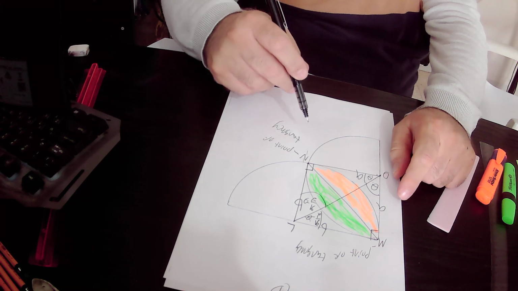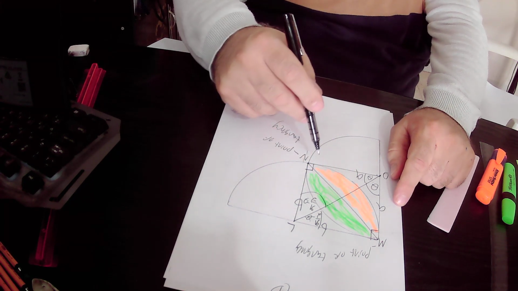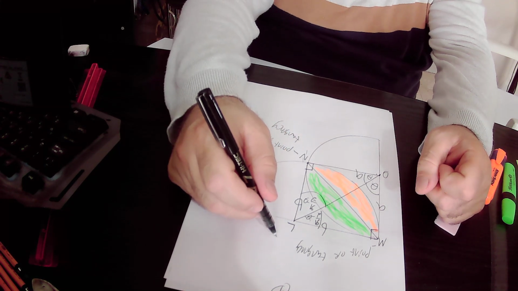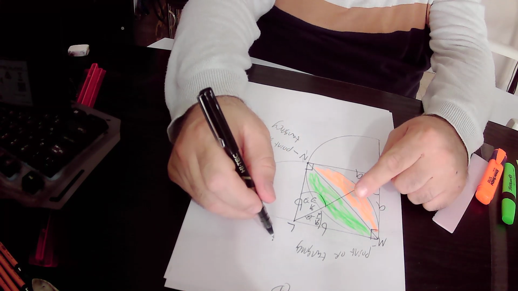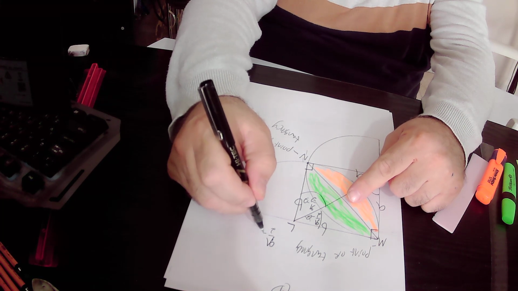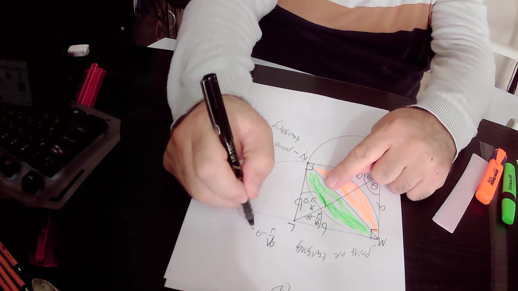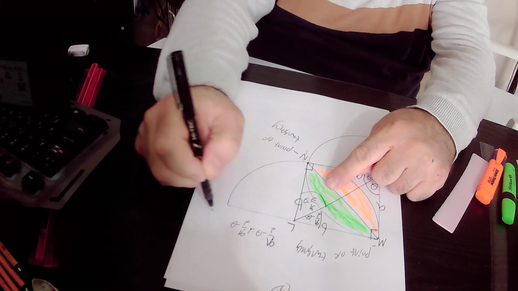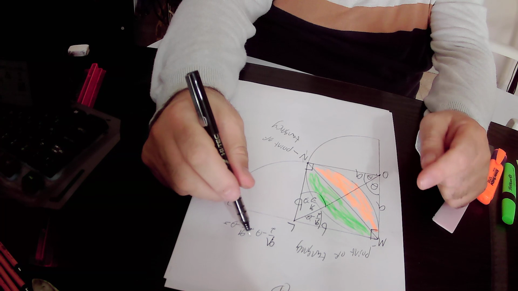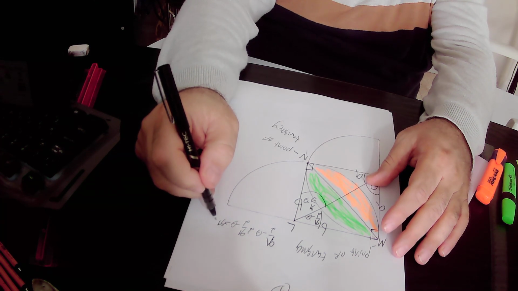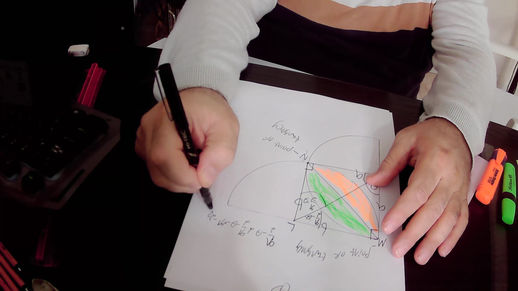So the size of angle MLN equals the sum of those two angles. So it is equal to this angle, pi over 2 minus theta, plus this angle that is also pi over 2 minus theta. Here pi over 2 plus pi over 2 is pi, and minus theta plus minus theta is minus 2 theta.